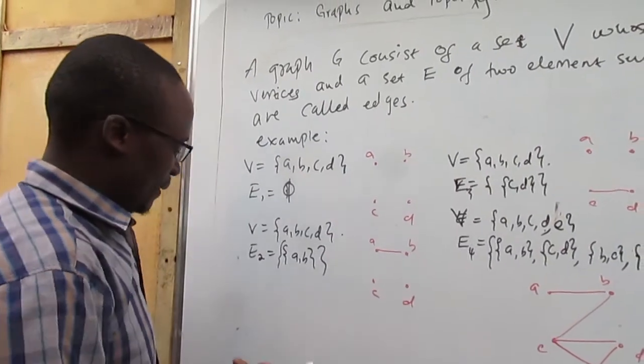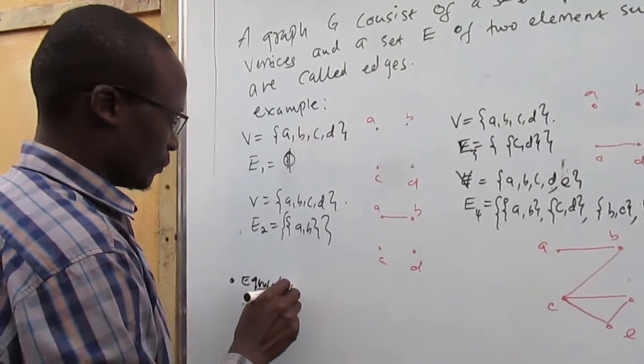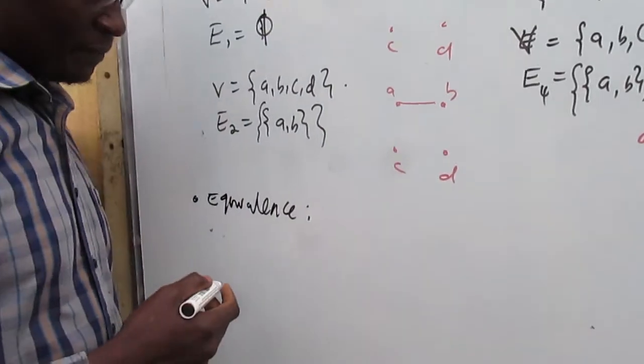So let's define equivalence of graphs. In our case, we'll say that two graphs are equivalent if they are isomorphic.